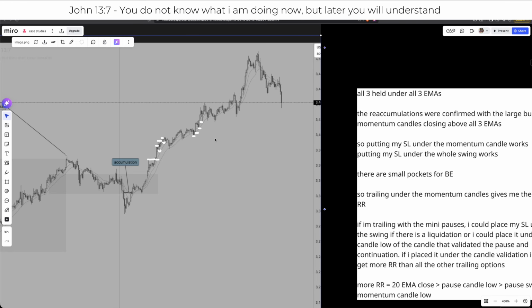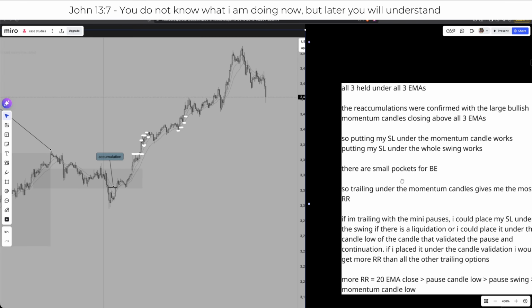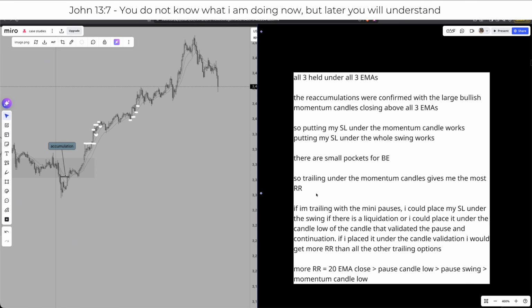Yeah. So the momentum candle gives me the most RR.